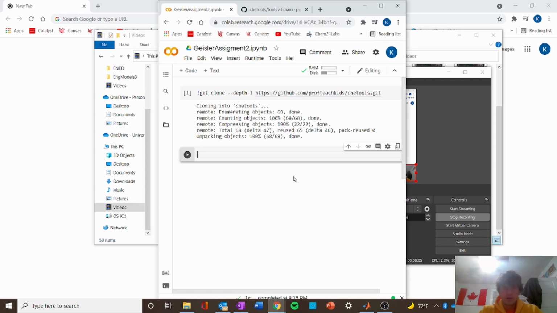Now, to continue to obtain our data, we are going to import sys. So we say import sys, and then sys.path.insert, and this is going to be our one value, and then we grab it from content and our CHE tools.